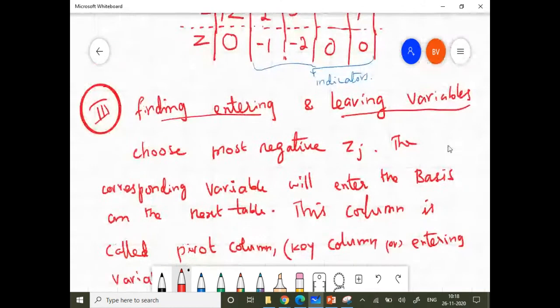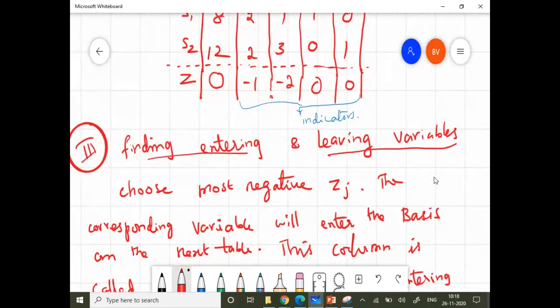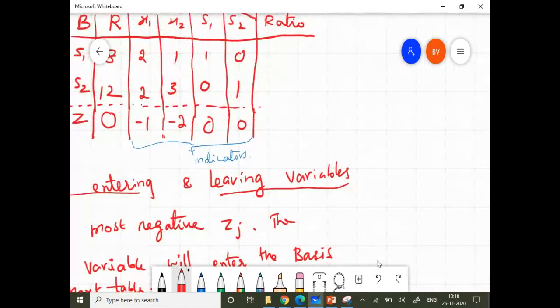What's going on here? Most negative Zj. See, there are negative values here. Out of which, which number is called the most negative? I will give an introduction about most negative. If I give you -7, -8, -9, -10, the maximum value is -7 and the minimum value is -10. But what is most negative?